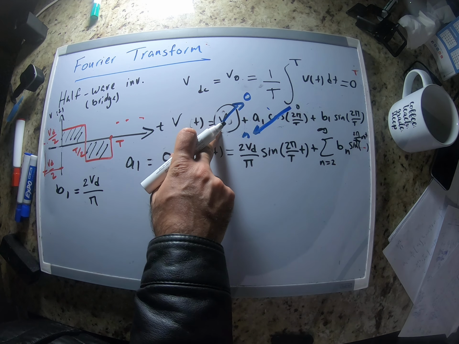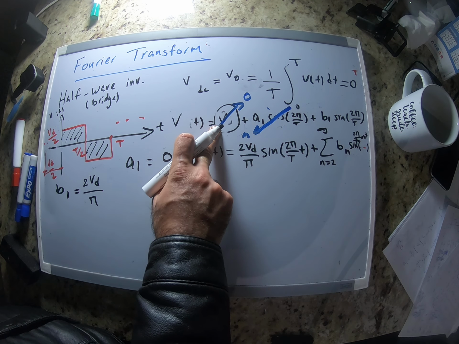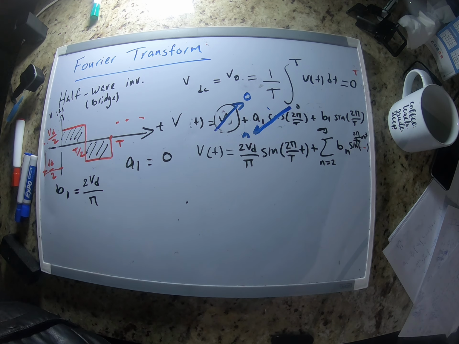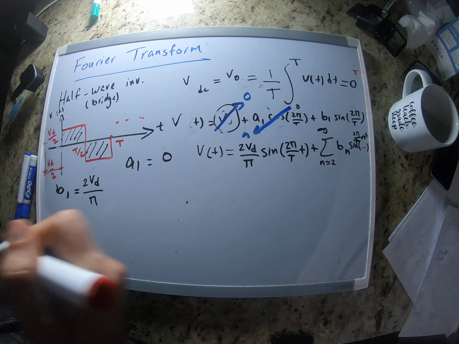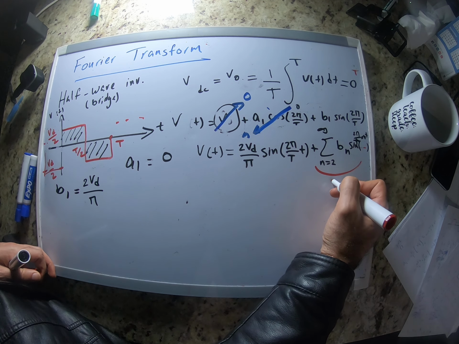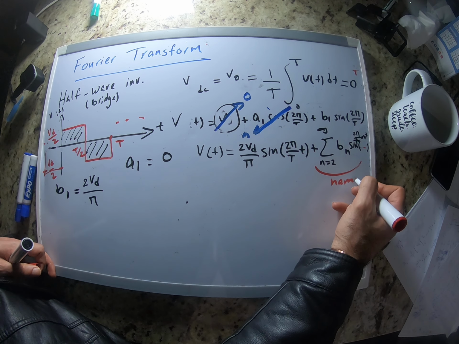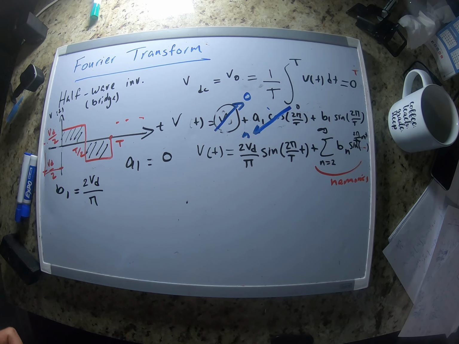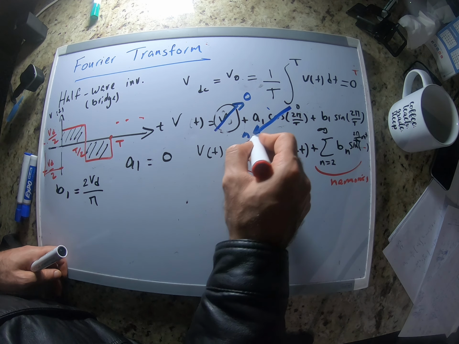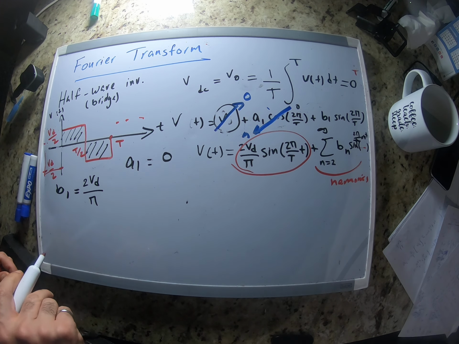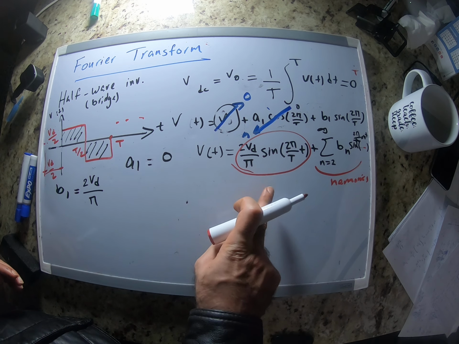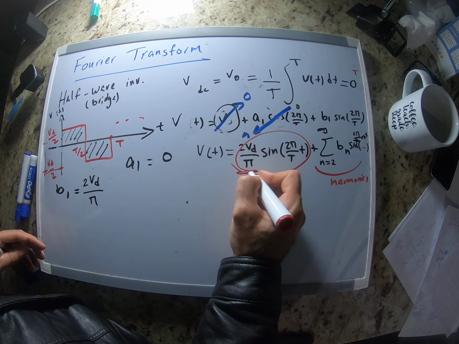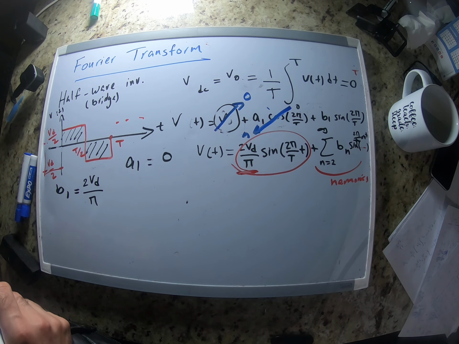The DC component was 0. All the cosines are 0. So these are the harmonics that we don't need. They're undesired. So this is the fundamental signal, and this is the peak value of the fundamental signal.